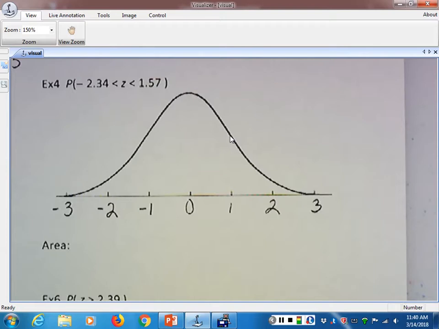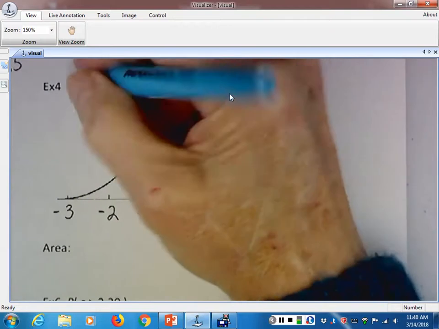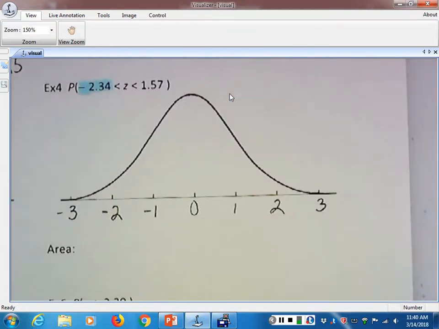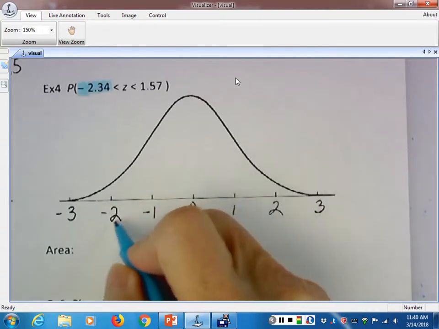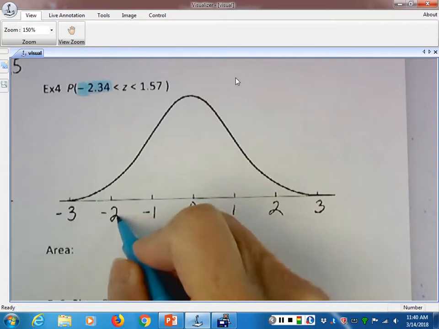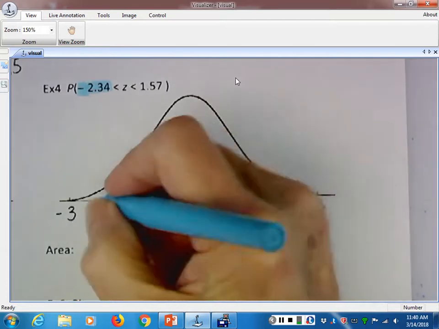So we go back to our boundaries, and we're going to start with the low. It says the low is negative 2.34. And we know that negative 2.34 is somewhere between negative 2 and negative 3, and it's closer to negative 2 than it is to negative 3.